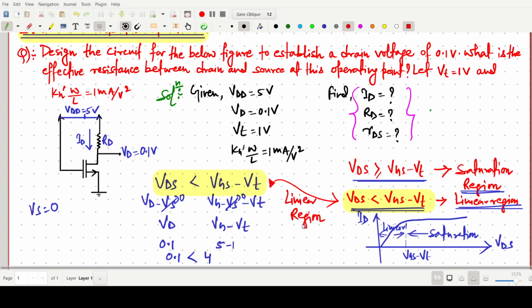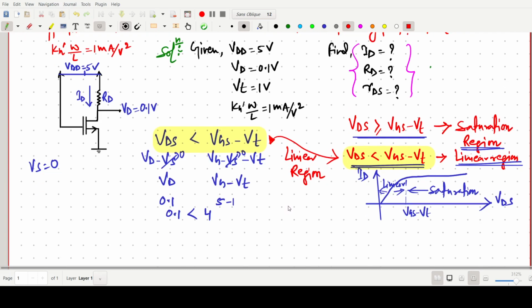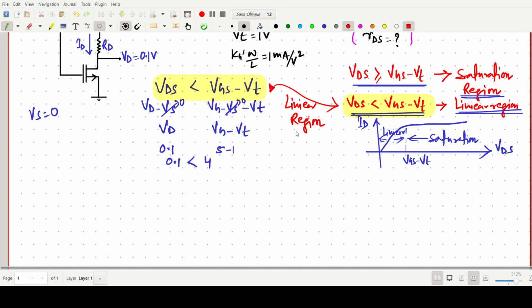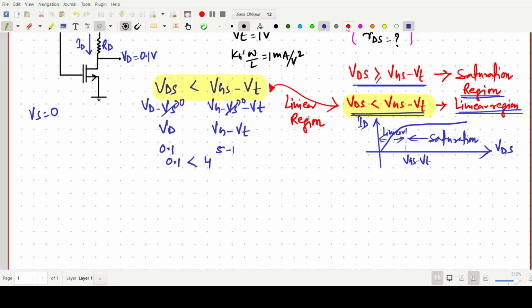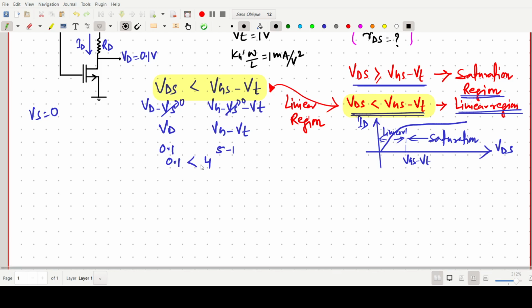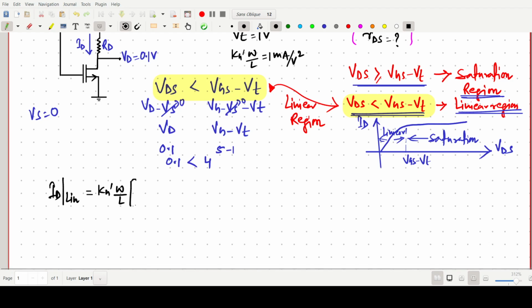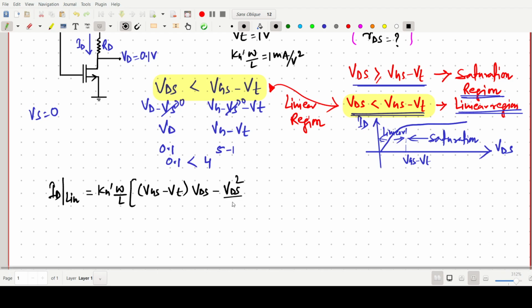Now, if we know the circuit is operating in the linear region, what we have to do now is write the drain current expression in the linear region. So ID in linear can be written as Kn' W/L times (VGS minus VT) times VDS minus VDS square by 2.